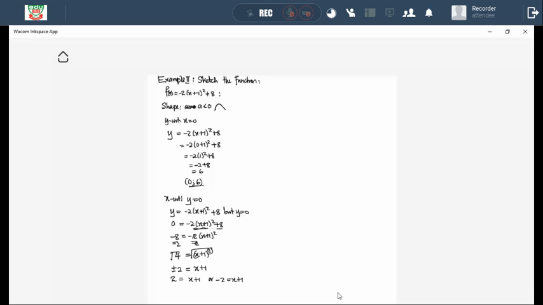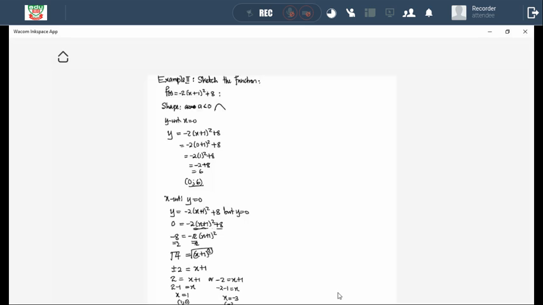Now I'll solve for x, starting with the first one. Transpose that, it will be 2 minus 1 equal to x. So in this case x is equal to 1. This graph passes through 1 and 0. Coming to the next one, transpose that, it's -2 minus 1 equal to x. So x is equal to -3.